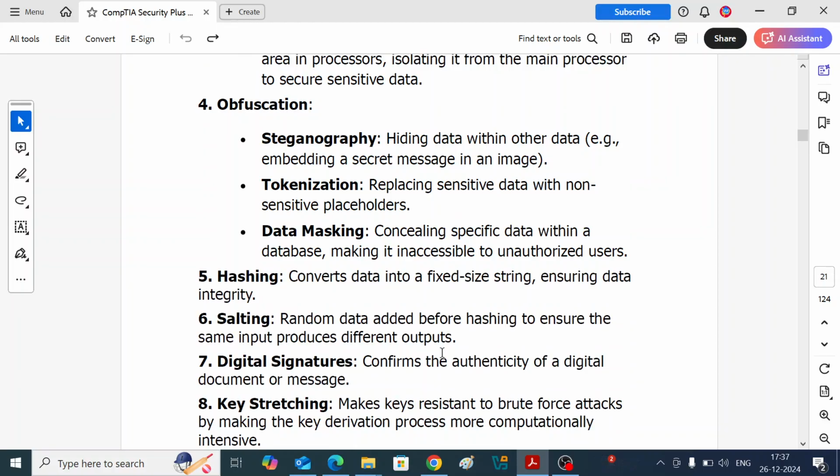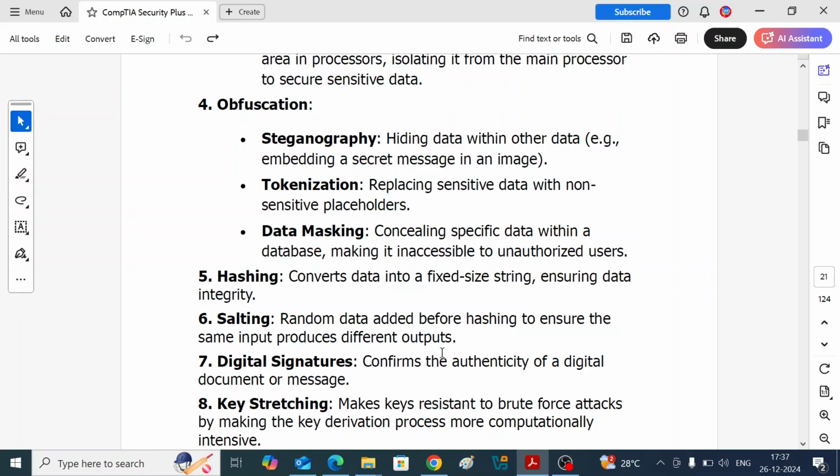Then we have a nice concept, and you may get questions on this, which is obfuscation. Obfuscation is the process of disguising confidential or sensitive data to protect it from unauthorized access.